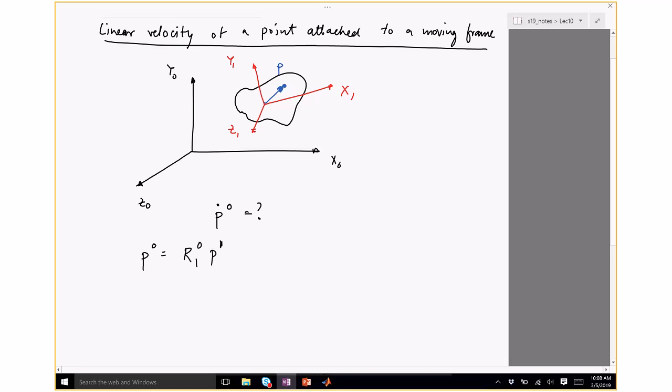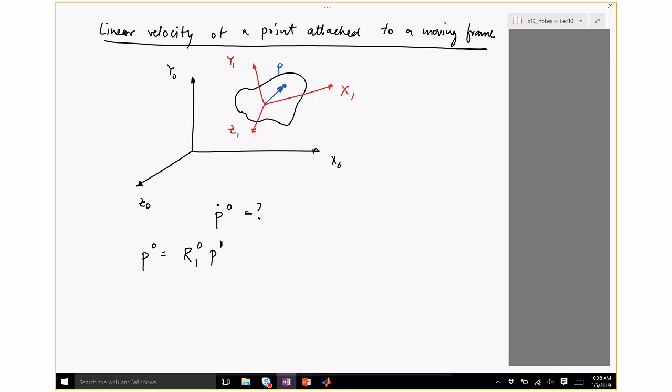P1 is the position of point P in frame x1, y1, z1. So if this is the rigid body, and let's say we want to point here, this is x, y, and z coming out, then the point P in the local frame is going to be whatever the length of this is. So that's P1.